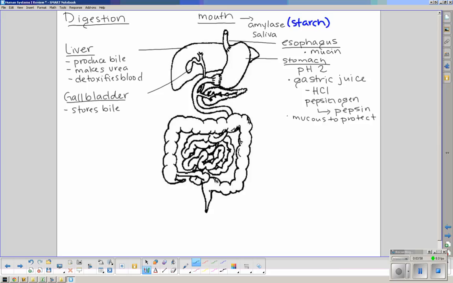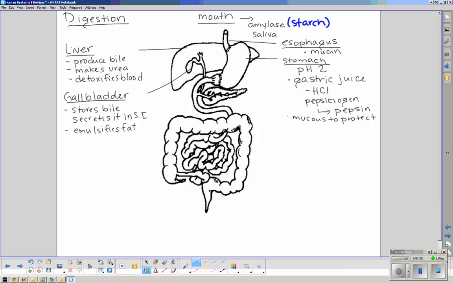It stores bile and it secretes this bile into the small intestine. The small intestine is labeled or abbreviated SI. The word we used for breaking up fat was emulsify. It provides more surface area.